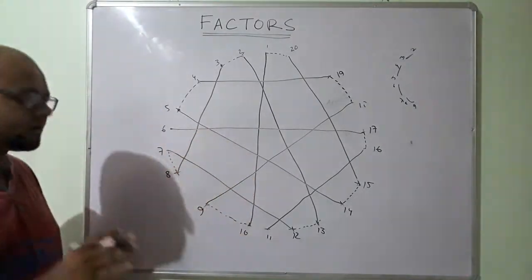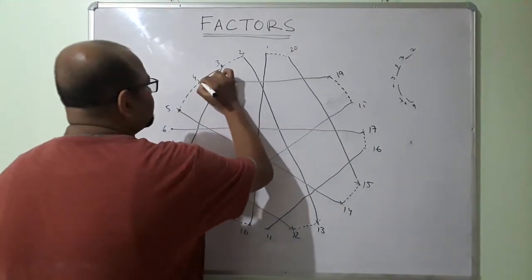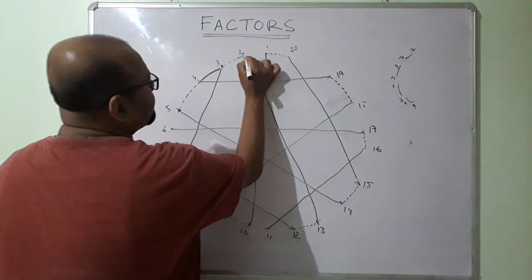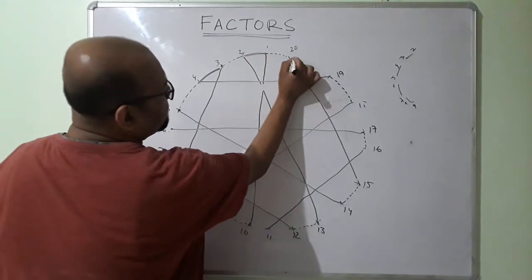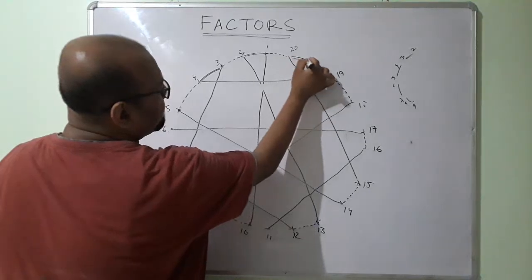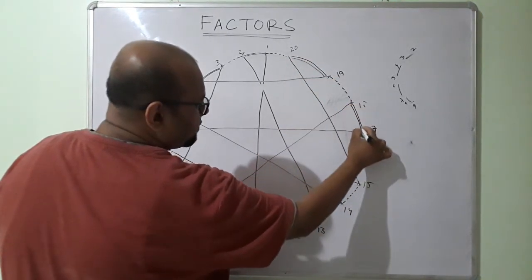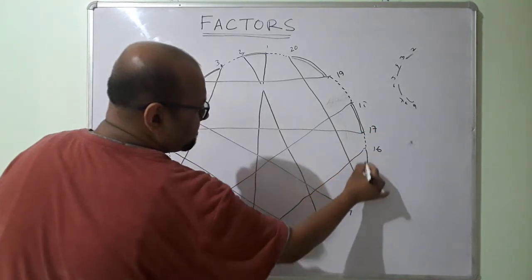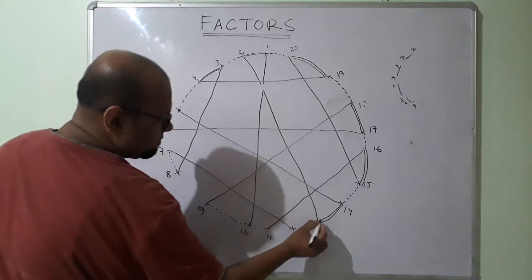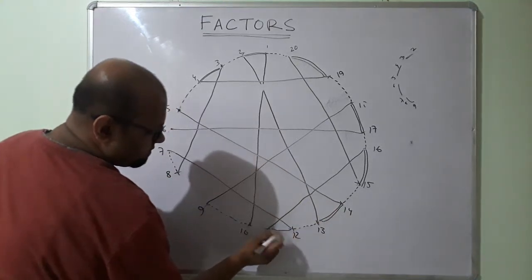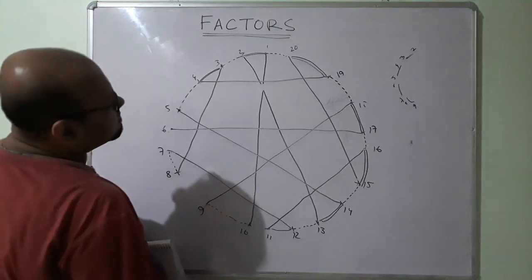This is also another one factor. Now let me create another one factor with double edges. Okay, I made some mistake.